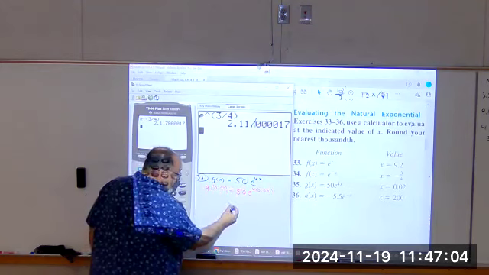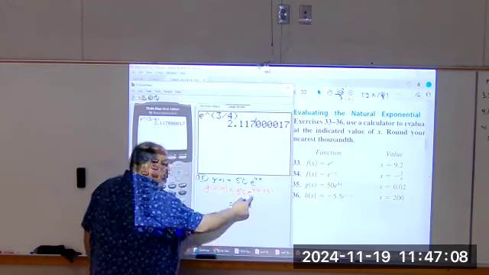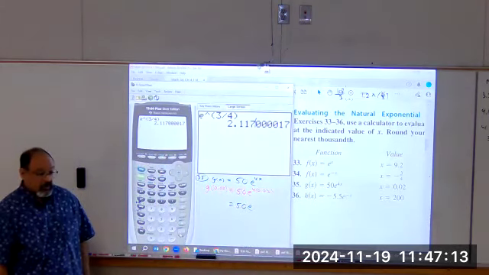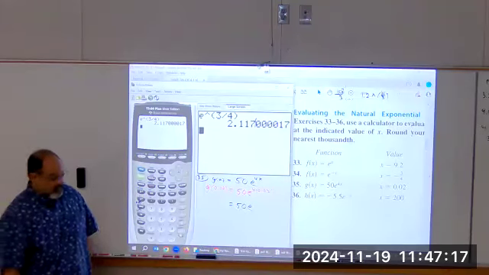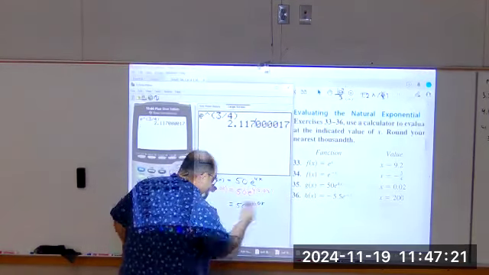You just have to be careful. This would be 50 times e to the... 0.02 is 2 pennies, 2 cents. What is 4 times 2 cents? 8 cents. So this would just be e to the 0.08.